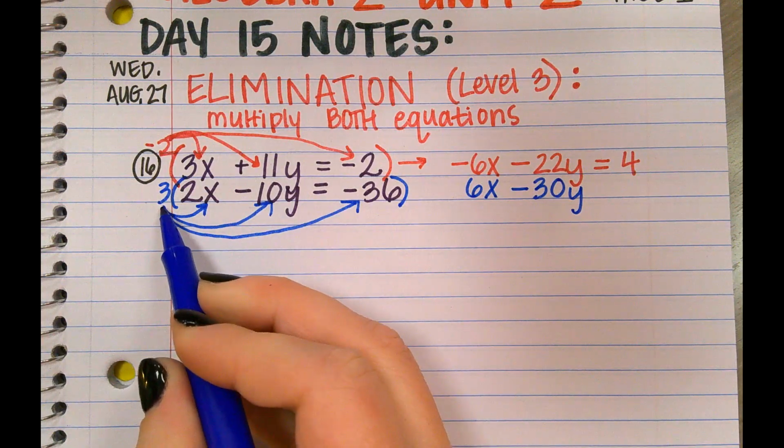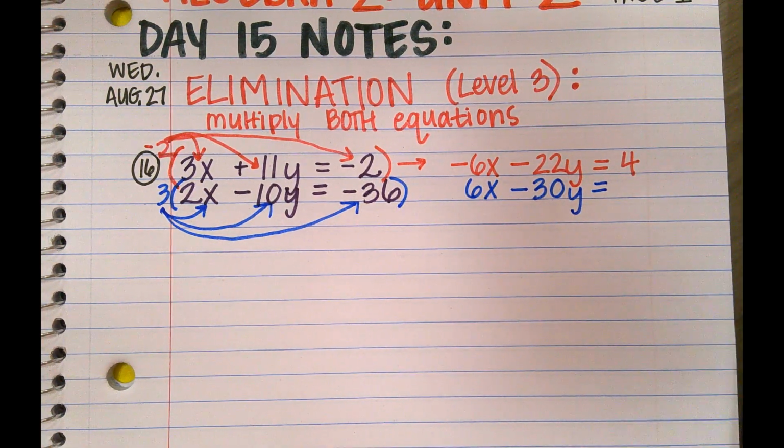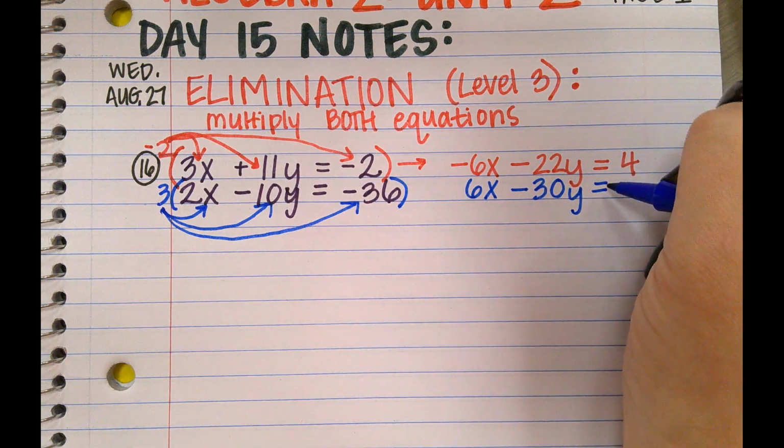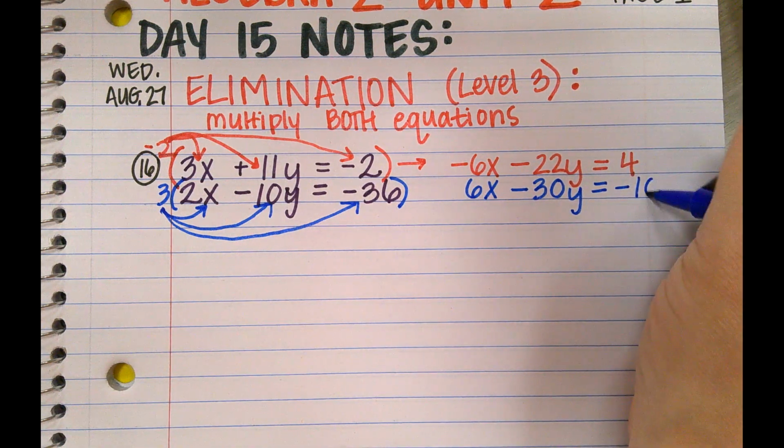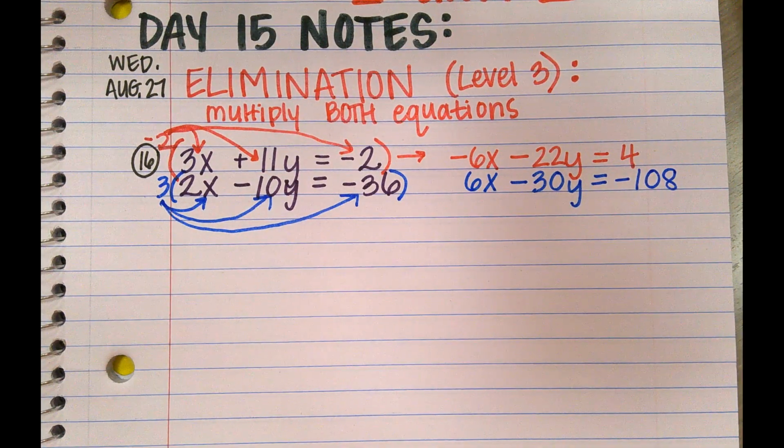And then finally 3 times -36. Let me see that. -108. Okay, I believe you. -108. So we just did it to both. That's the smart thing. That's right.